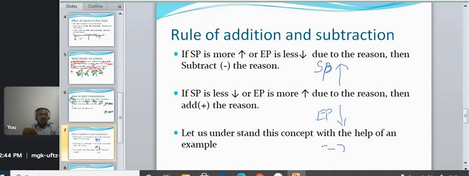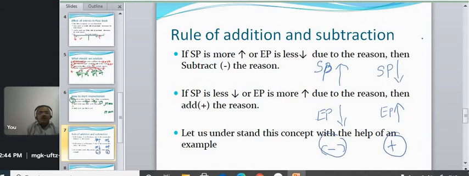This is the rule of addition and subtraction. This is the heart of the chapter. On the other hand, due to that reason, if the starting point comes down or the end point goes up, then you have to add the reason. So there are only two things you have to do. One is a subtraction, the other one is an addition.